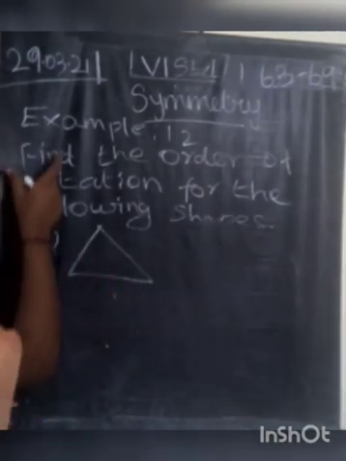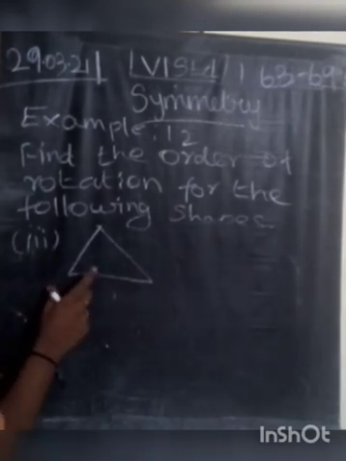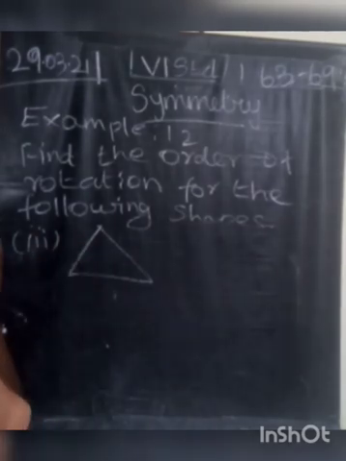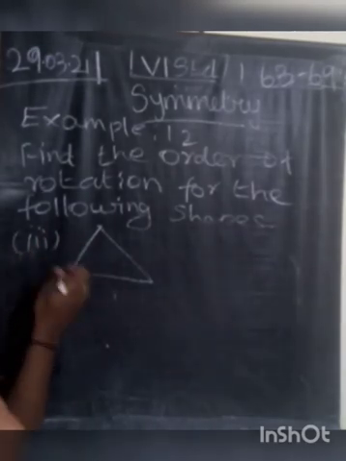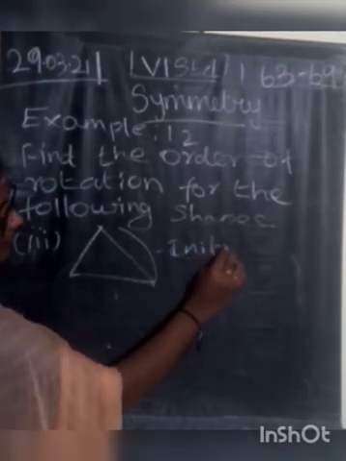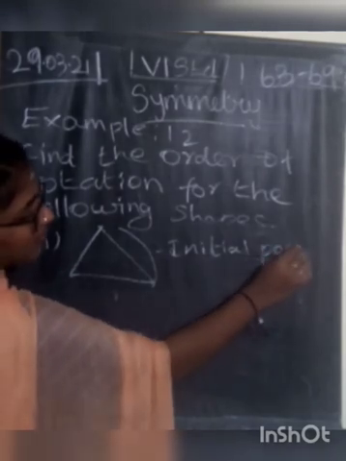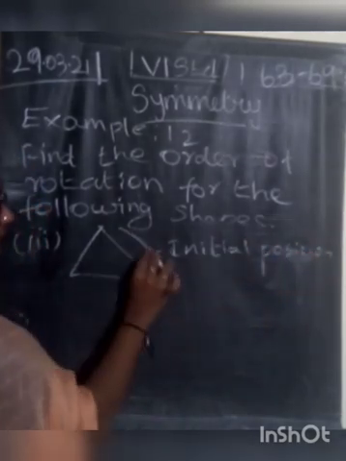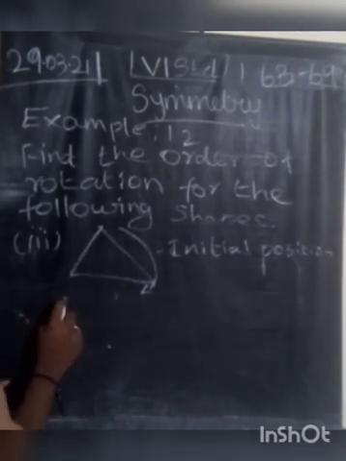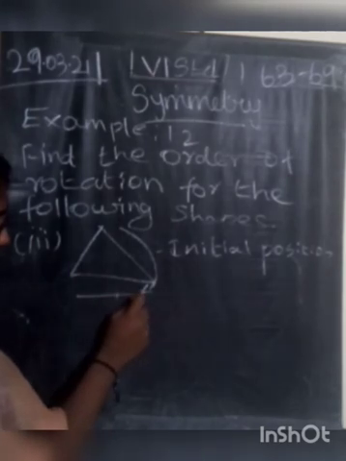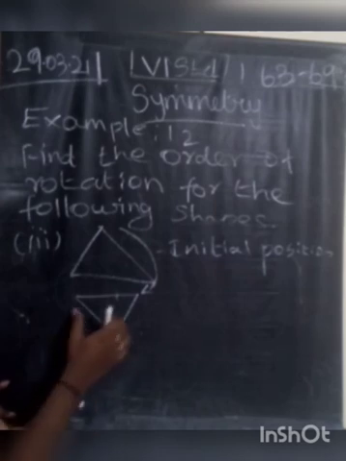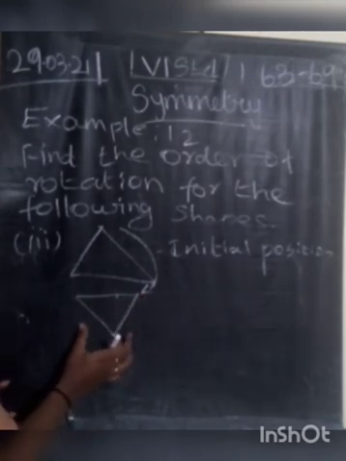Now subdivision 3, the triangle. Already we know about the shape. Here we have to find the order of rotation. This is the initial position. First we rotate this and we get a new position.